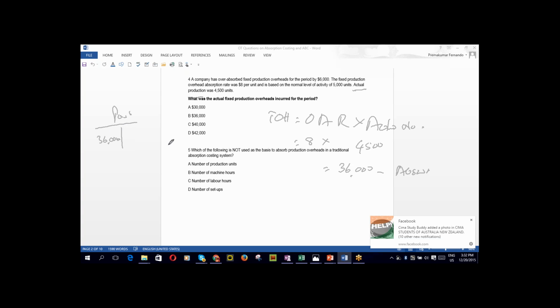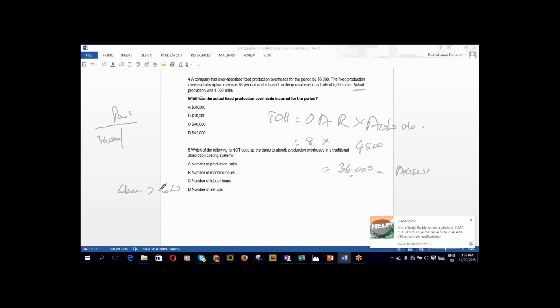So that means your actual overhead should have been 30, because over absorption occurs when what is absorbed is more than actual. Under absorption occurs the other way about. If you have absorbed 36 and are under absorbed by 6,000, that means your actual expenditure must be 42.